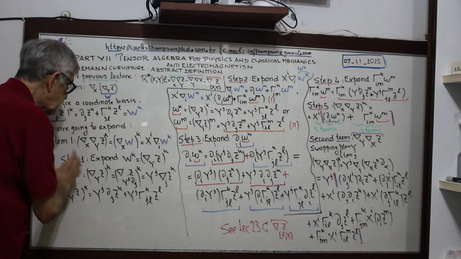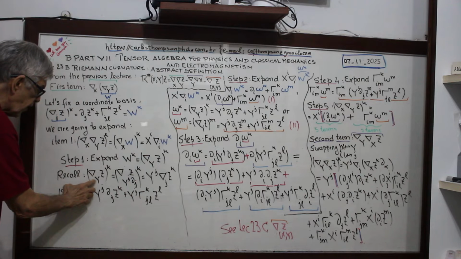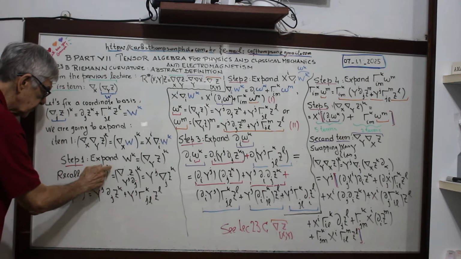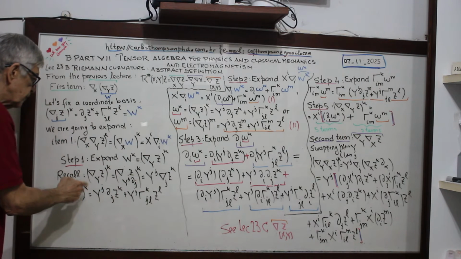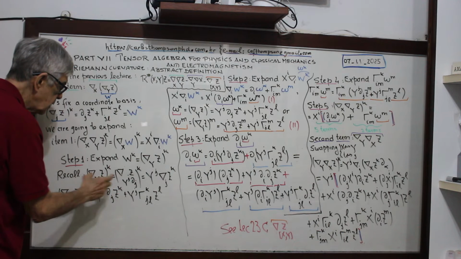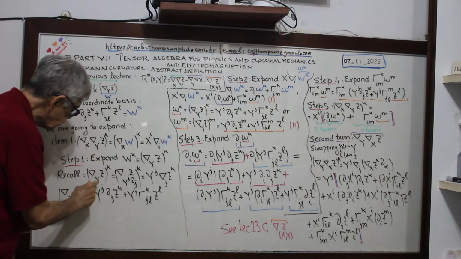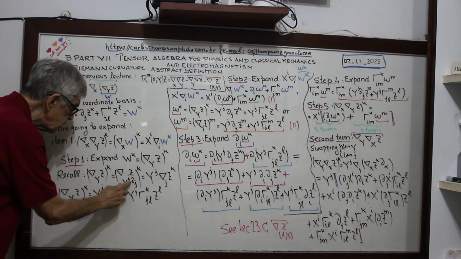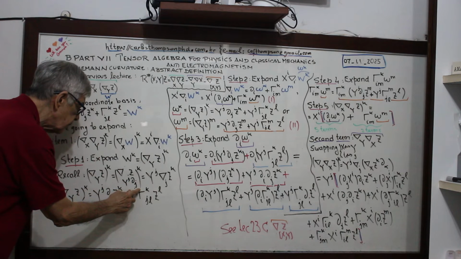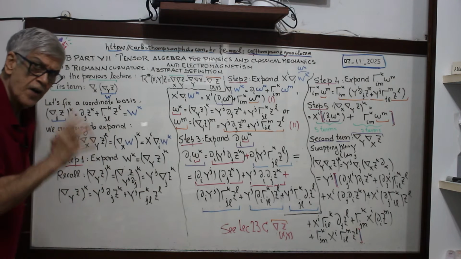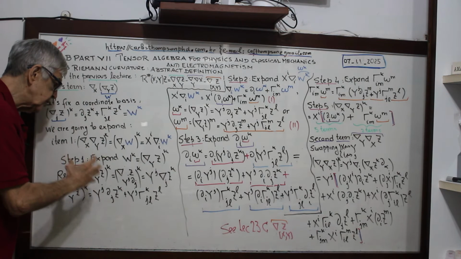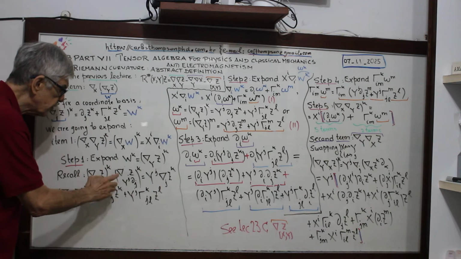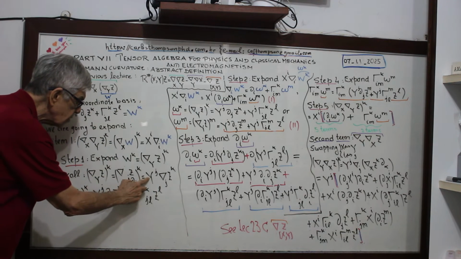Now, recall that the covariant derivative of y on z, in this case the component k, is, attention now, this y here, yj, partial xj. Yj is a function. You see the property of the covariant derivative, this function acts on this.